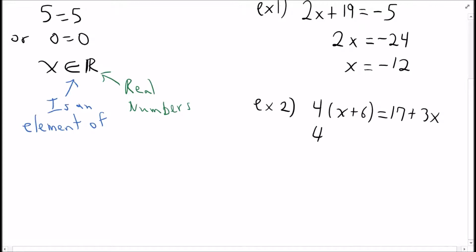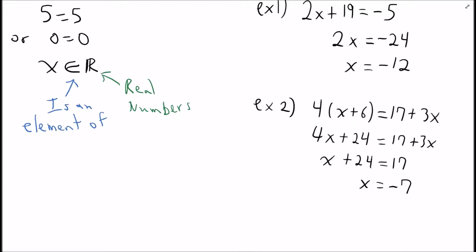So we get 4x plus 24 is equal to 17 plus 3x. Then I want to collect the x's together, so I'm going to minus 3x from both sides. So 4x minus 3x would just be 1x, plus the 24 is 17. And then I would minus 24 from both sides. So x would be equal to negative 7.